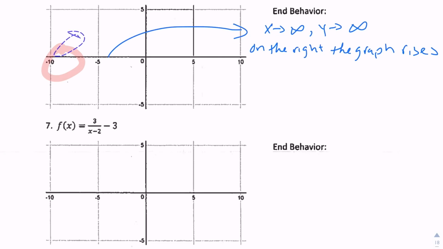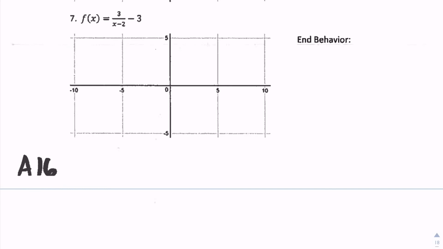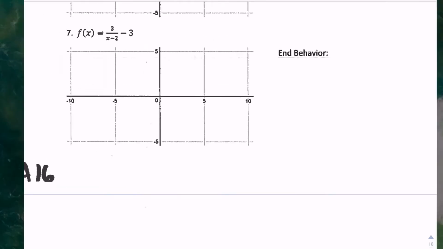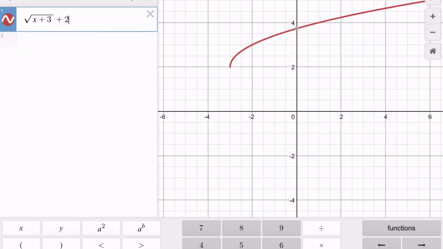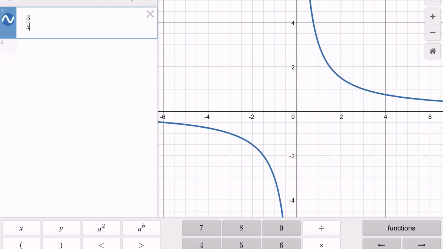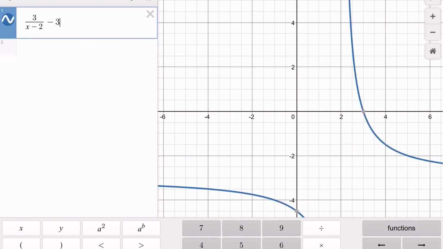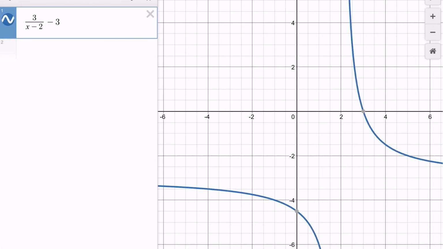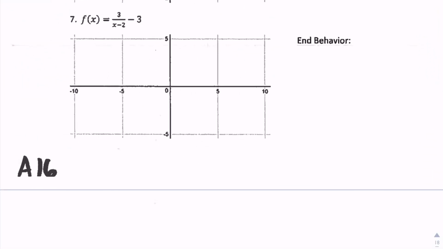Okay, so let's go on to number 7. Okay, let's get that punched into our graphing calculator. Okay, so we have 3 over x minus 2 minus 3. All right, so here we are, 3 over x minus 2 minus 3. Okay, so this graph's in 2 parts. It's our rational graph.